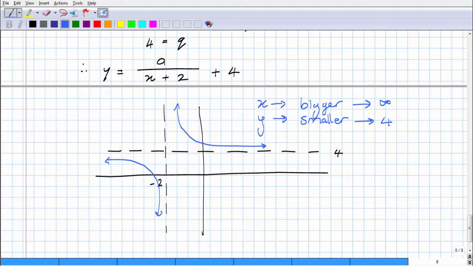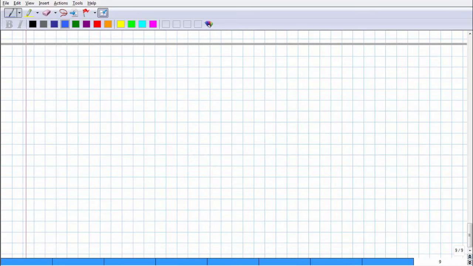Same as this, as x gets bigger, going from the other side, y tends to negative infinity. In other words, this is a decreasing function. So this is a problem. We wanted an increasing function, so we'd have to draw it slightly differently.